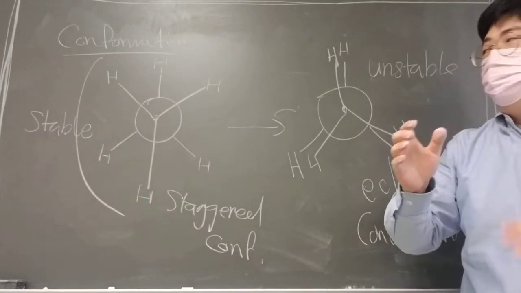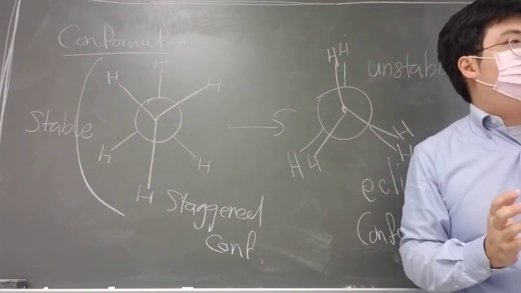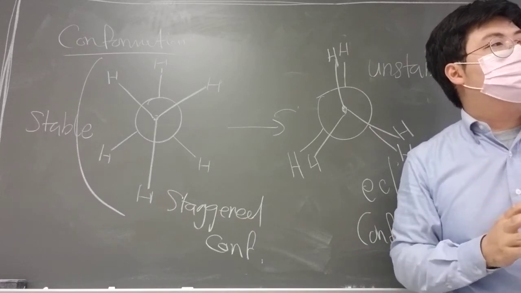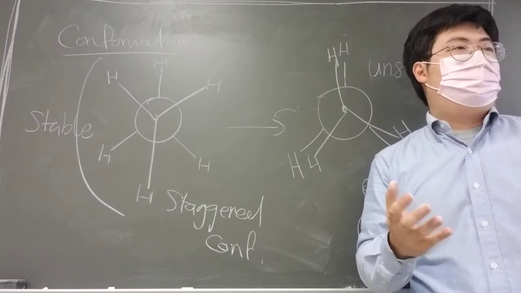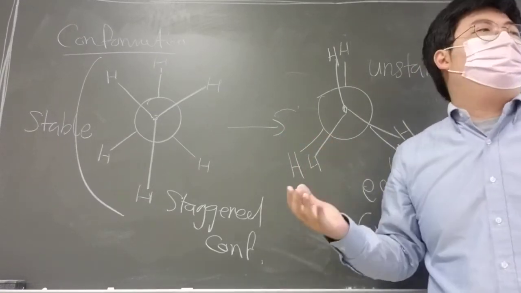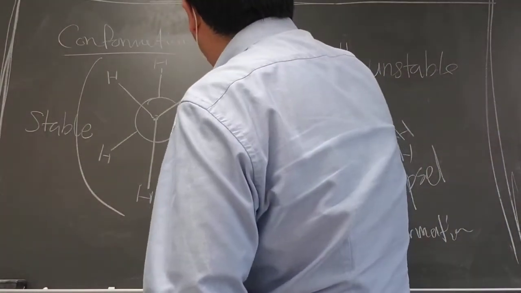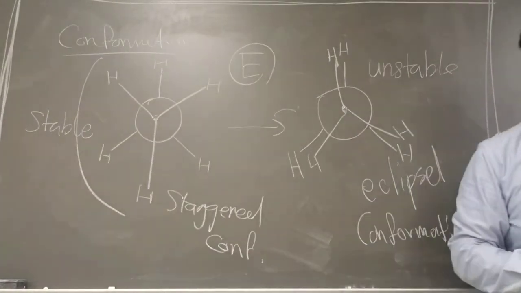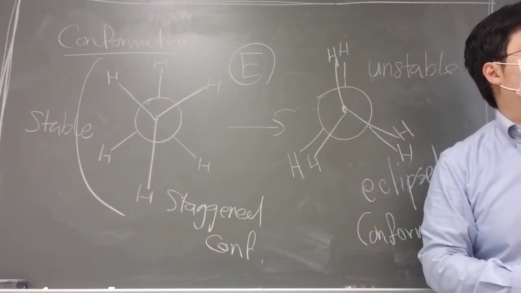If you try to rotate it, they don't want to do it. So you need to put energy in to make it happen. They're not going to do this for free, because they don't want to be unstable. That amount of energy you need to invest to make this eclipsed conformation, we call torsional strain.